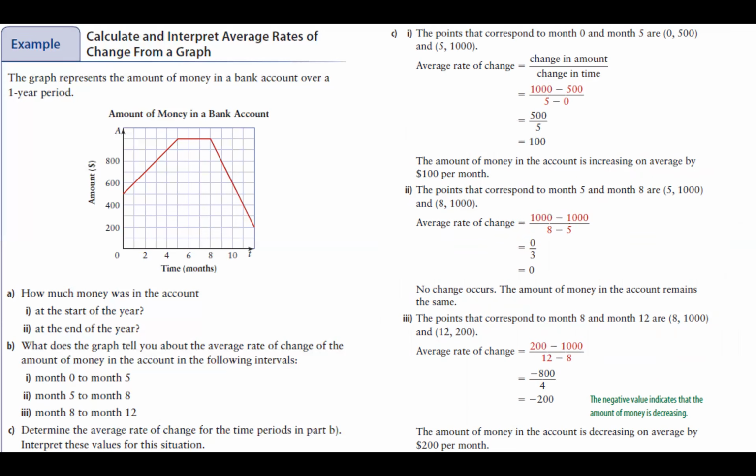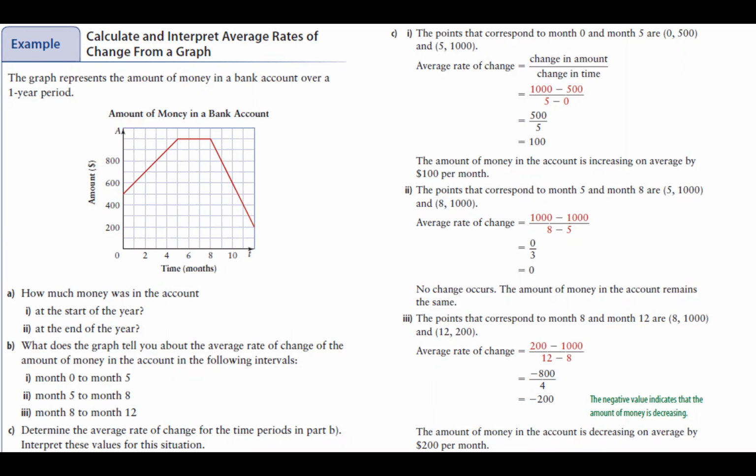And question C, we can calculate the average rate of change as follows. First, the points that correspond to month 0 and month 5 are (0, 500) and (5, 1000), right? Then the average rate of change according to the definition is delta y over delta x. So delta y here is 1000 minus 500. Delta x is 5 minus 0. Therefore, the average rate of change between these 2 points is 100.